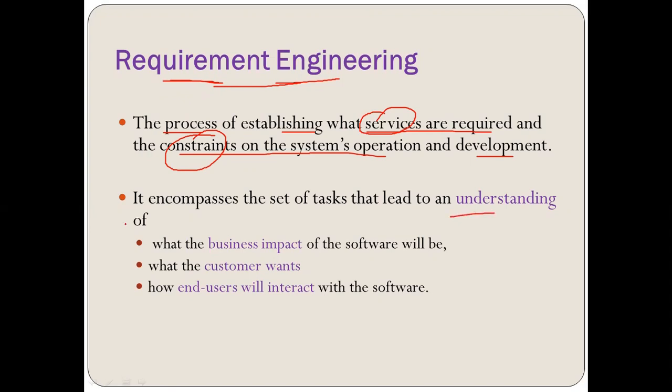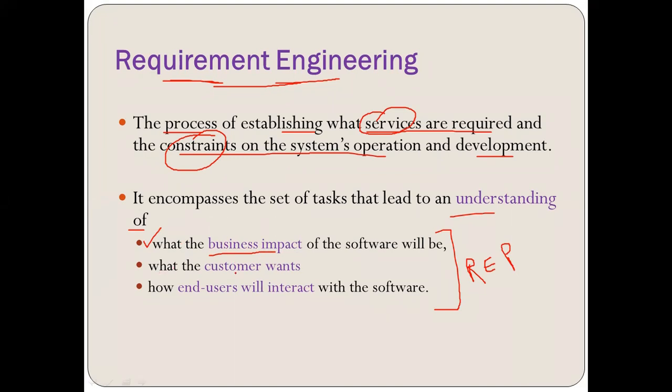Now, it encompasses the set of tasks that lead to an understanding of the following. That means these are the set of tasks which are going to be encompassed in this particular engineering process. What are these tasks? First, what the business impact of the software will be, that means if this software has been designed, what will be the business impact.